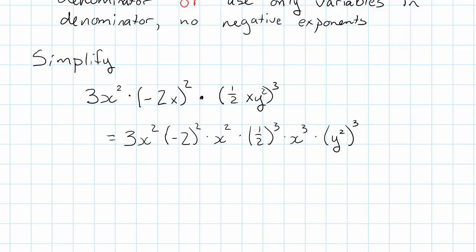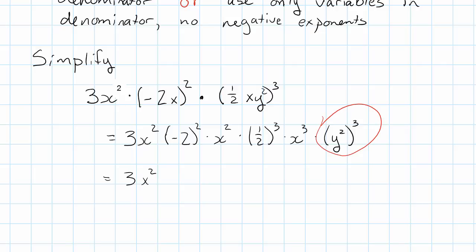My next step is going to be to compute all of these powers, either using arithmetic if the base is a number, or, in the case of this expression, using the power of a power rule. Still, my 3x squared stays put.